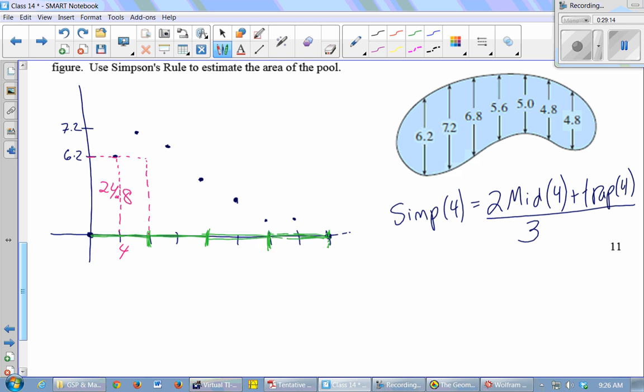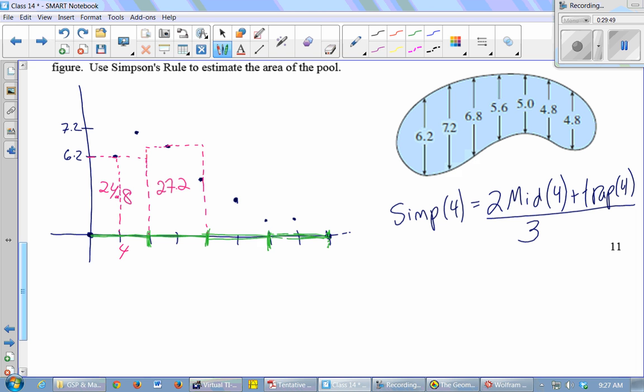Then you do that over each interval. Okay, so that is at a height of 7.2. 4 times 7.2 would be, oh, you're right, that's 6.8. So 4 times 6.8 is 24 plus 4 times 0.8 is 3.2, 27.2.